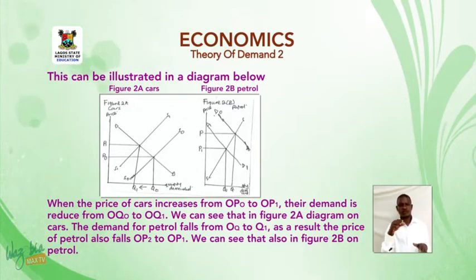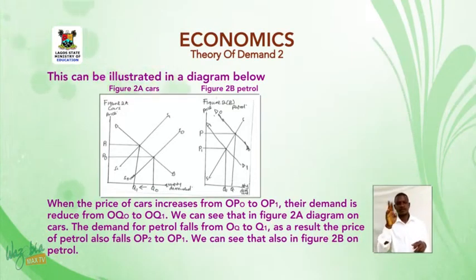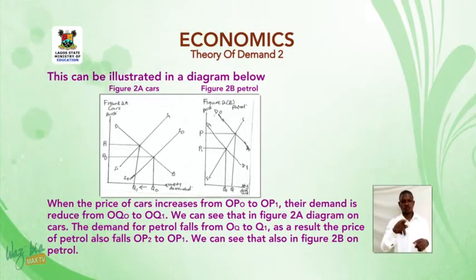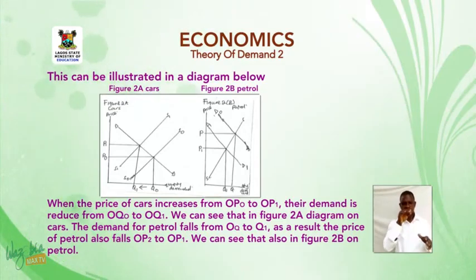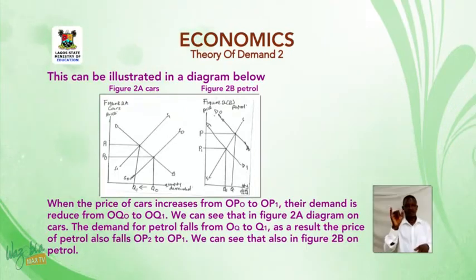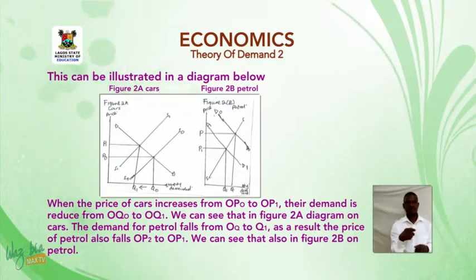Figure 2A, cars. Figure 2B, petrol. When the price of cars increases from OP0 to OP1, the demand is reduced from OQ0 to OQ1. We can see that in figure 2A diagram on cars.